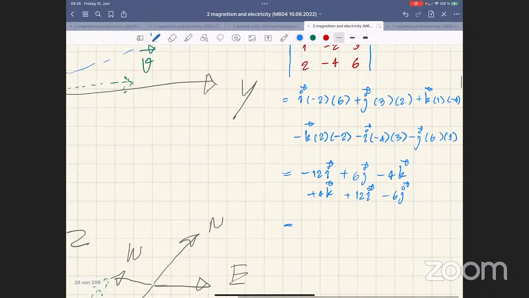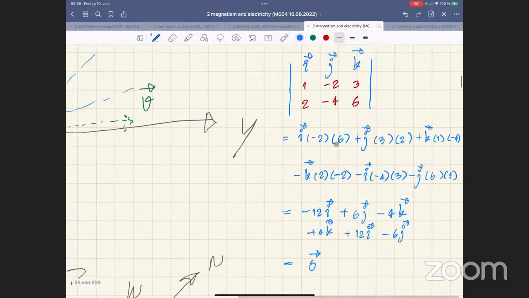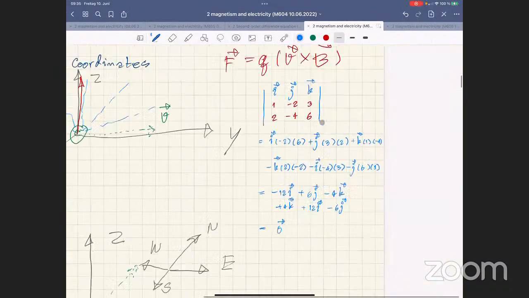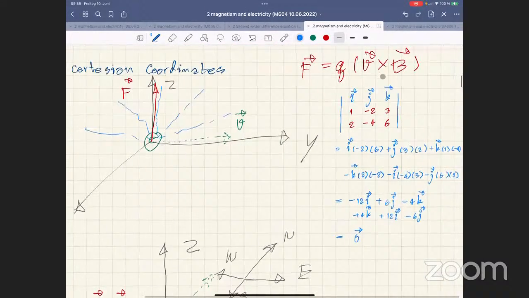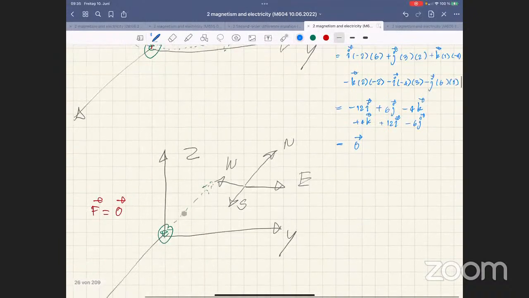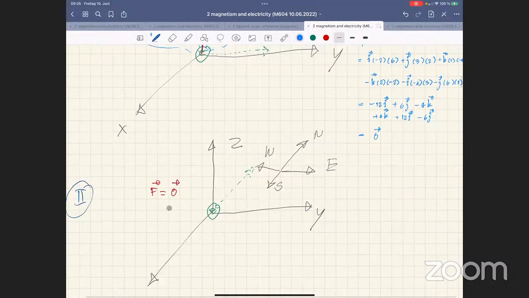So once you combine everything, you get vector 0. So the cross product will remain 0 if both vectors share the same direction. So in this case, the output after the cross product is 0.